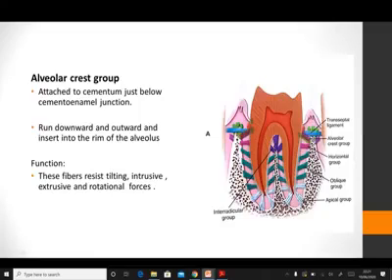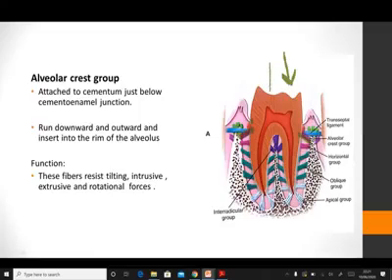Basically, what is tilting? Tilting is bending of the tooth on one side, mesial or distal or buccal or lingual. So basically this group of fibers prevents the tooth from tilting in any direction. Intrusive forces are the forces that push the tooth within the socket. Any force coming in this direction that pushes the tooth into the socket would be an intrusive force. The alveolar crest group prevents these forces.